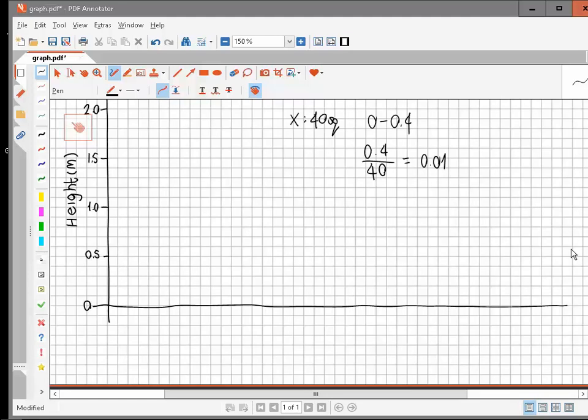So now we can start labeling it. So every 5 squares is equal to 0.05.